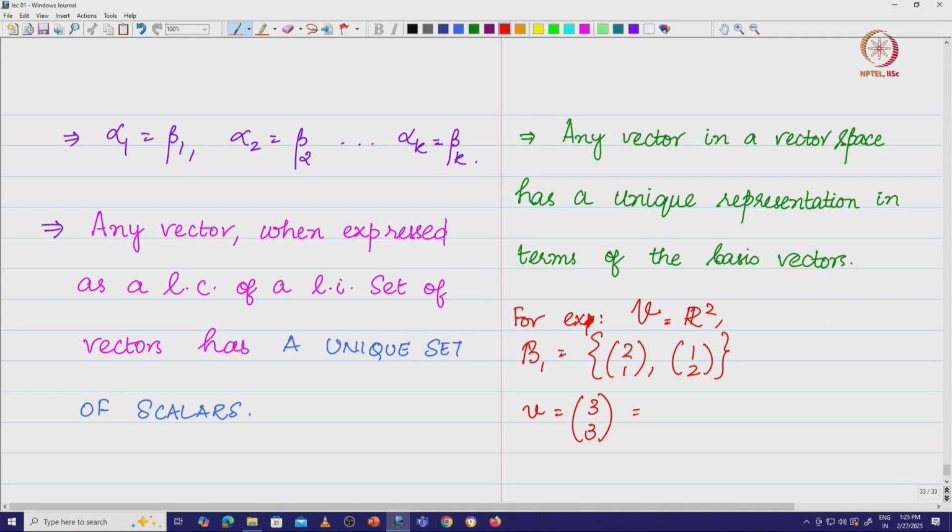This can be expressed as alpha 1 into (2, 1) plus alpha 2 into (1, 2), which implies alpha 1 is equal to 1 and alpha 2 is equal to 1. These scalars alpha 1 and alpha 2 for this particular vector are unique, right. So any vector in terms of the basis will have a unique representation, right.